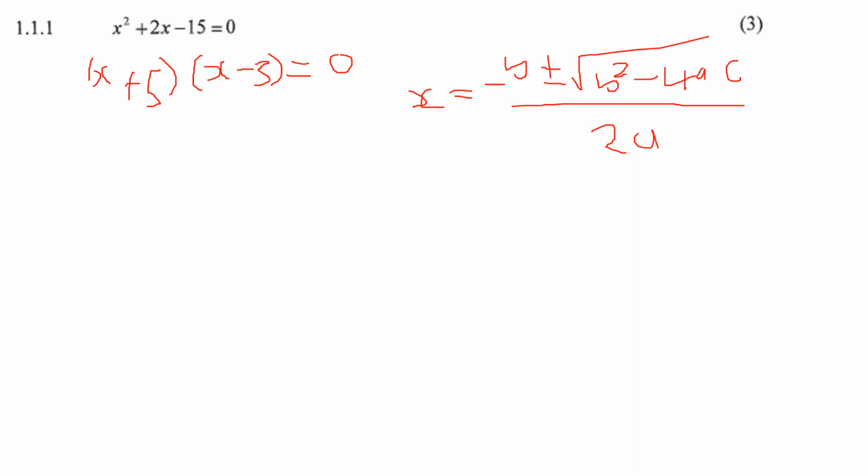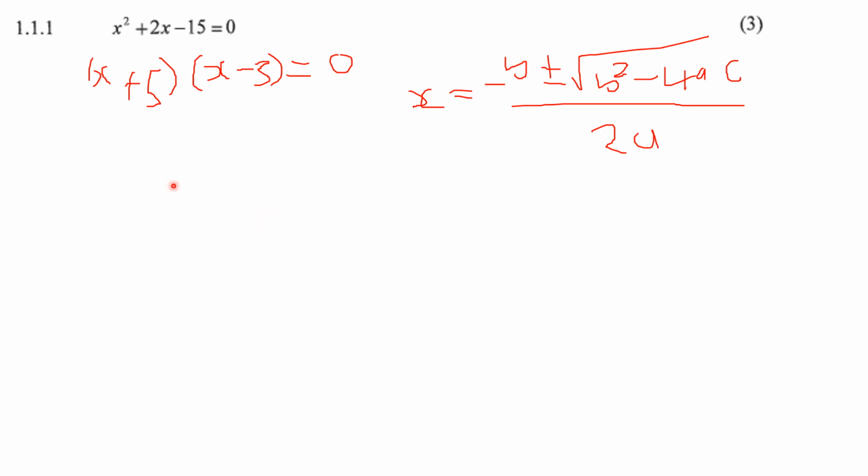And then after we do this, we're going to apply what we call the zero factor law. Basically the zero factor law says that if x plus 5 is 0, that means everything on the left will be 0, because remember, when you multiply any number by 0, it equals 0.